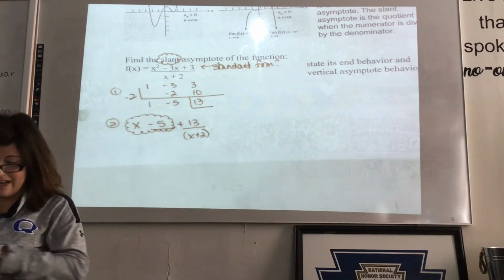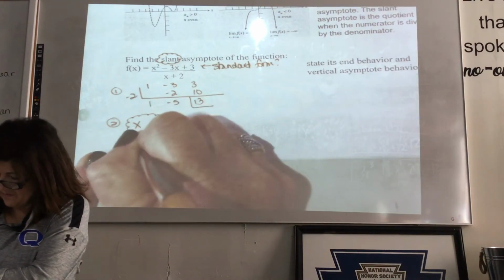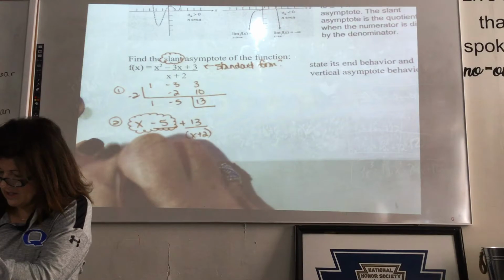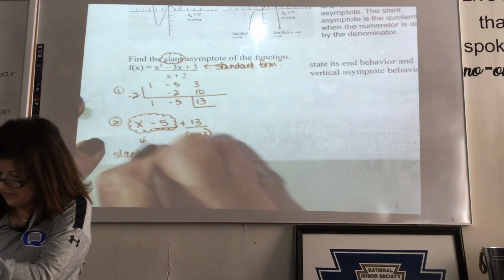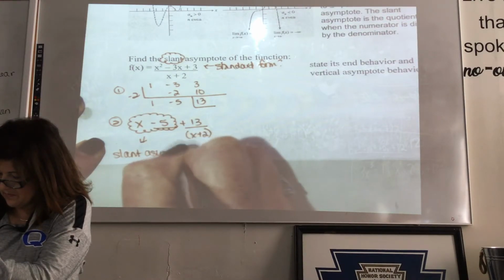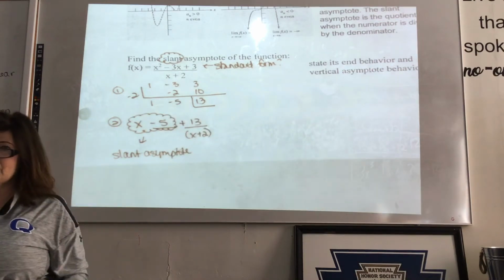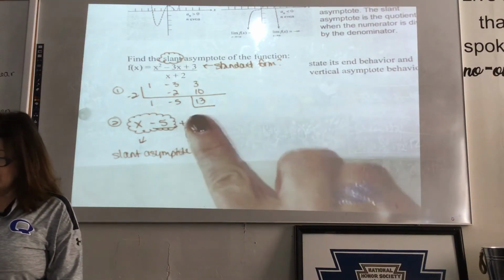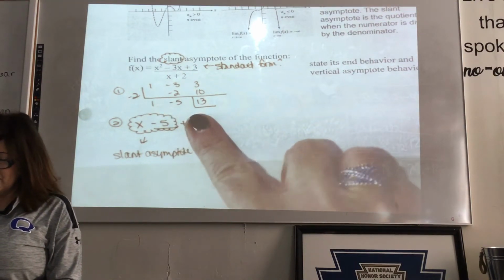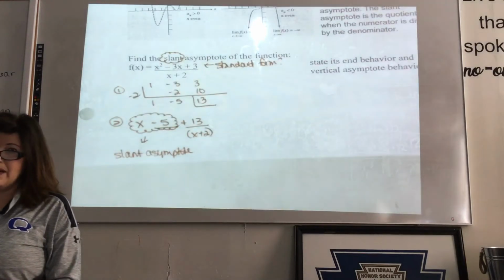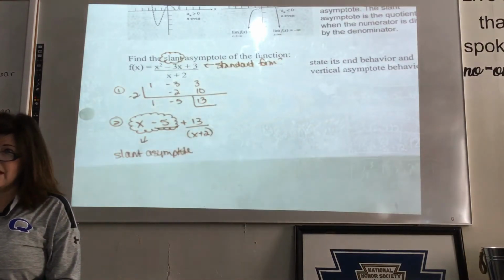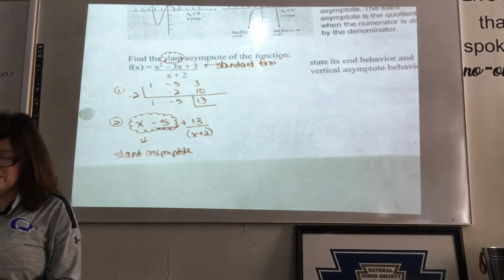X minus 5 is my slant asymptote. X minus 5, ignoring the remainder, that's nominal. Ignoring the remainder, I have my x minus 5 written out there as a linear equation.